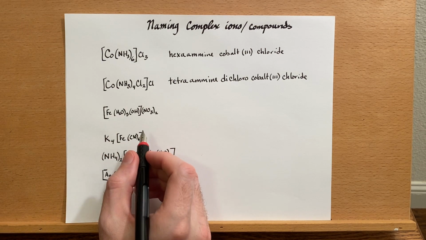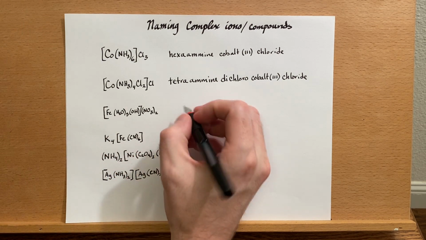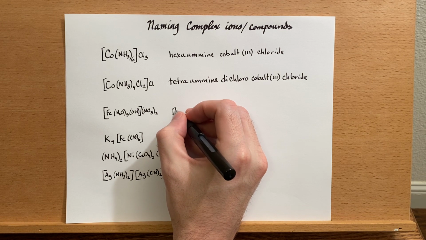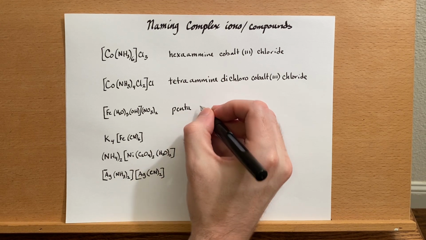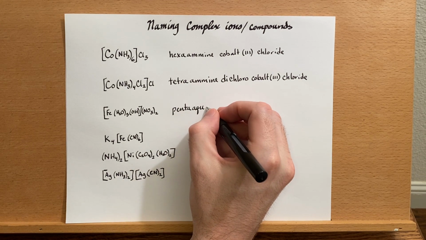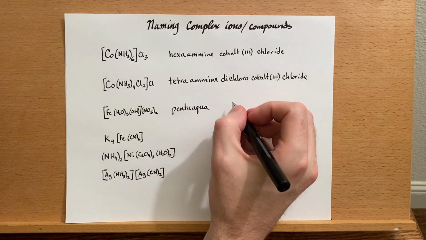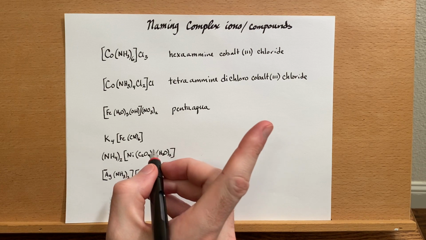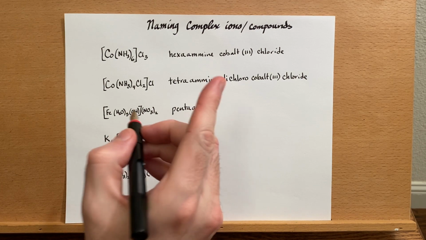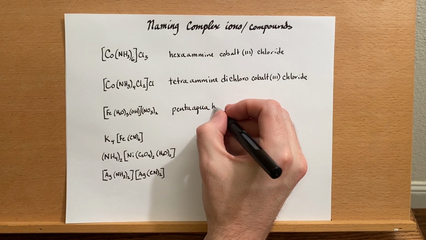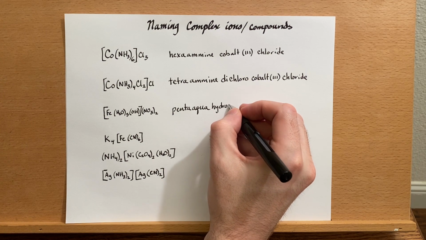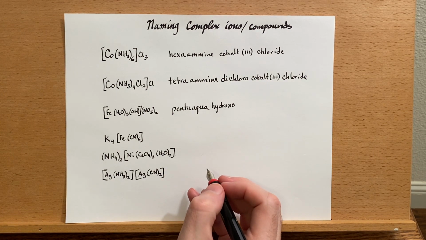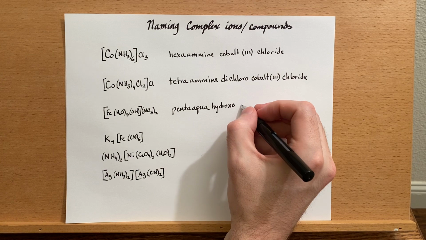So this is penta-aqua. Penta-aqua, and then hydroxide, but they have to end in an O, so this is called hydroxo. And then iron.